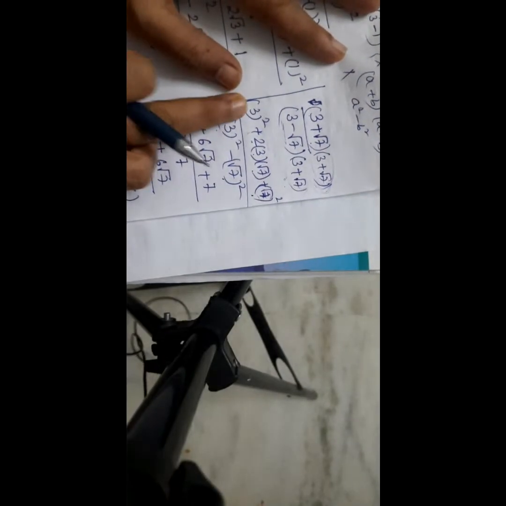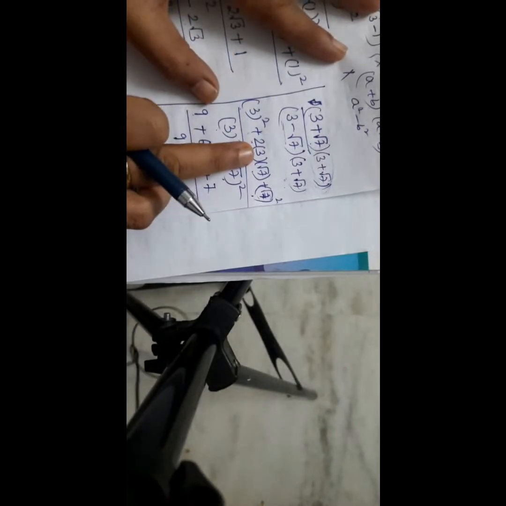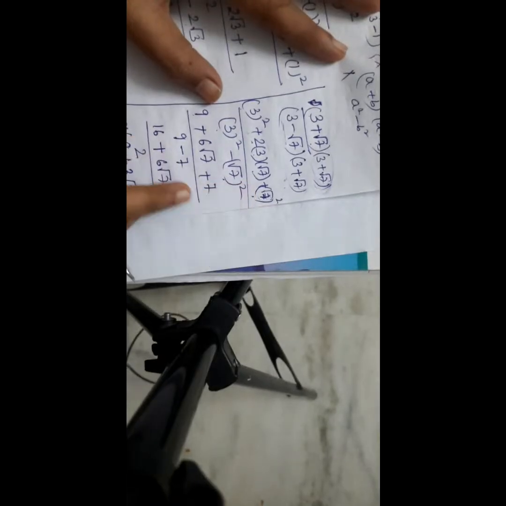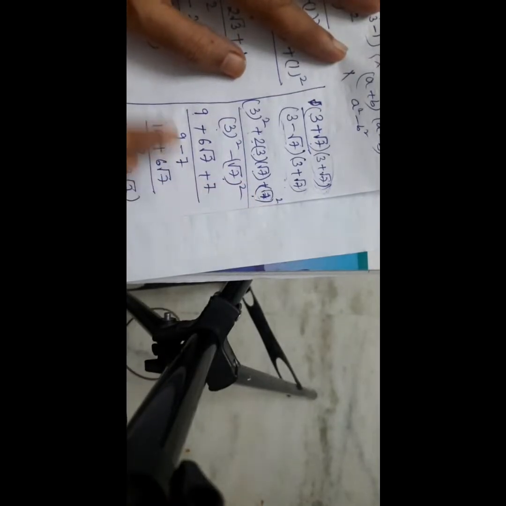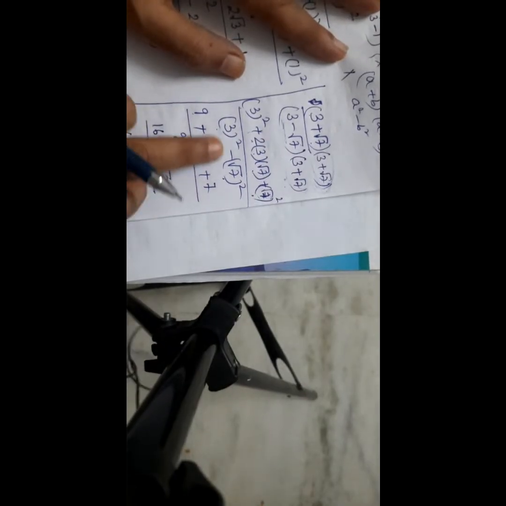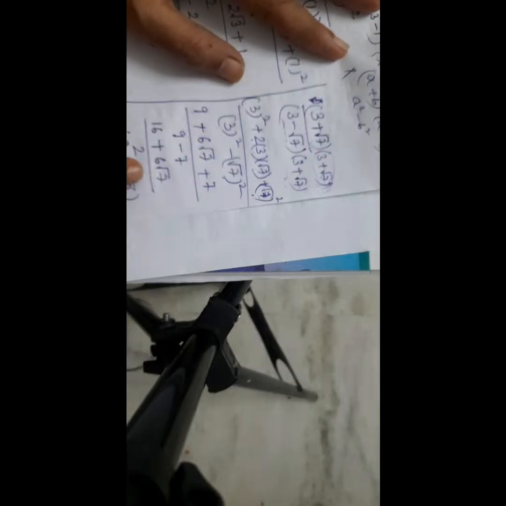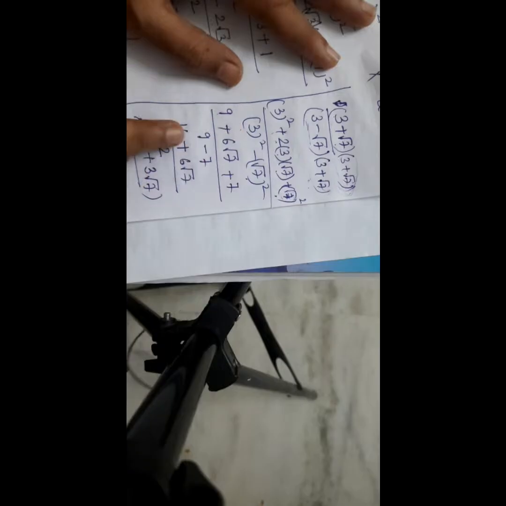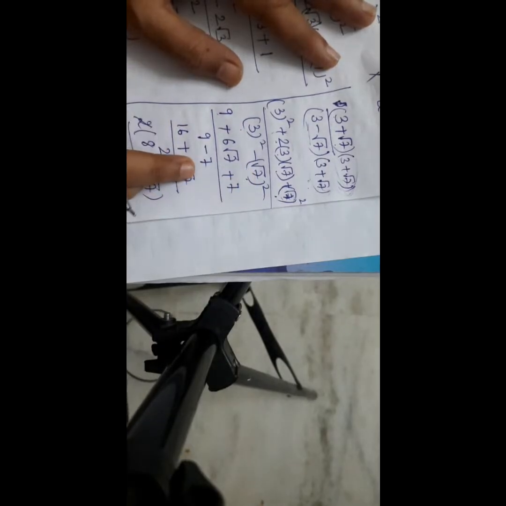Now 3 square is 9, 2 times 3 is 6 root 7, root 7 square is 7. Adding the numbers, 9 plus 7 is 16. This we cannot add as it is an unlike term, so keep this aside. In the denominator, 3 square is 9, root 7 square is 7.